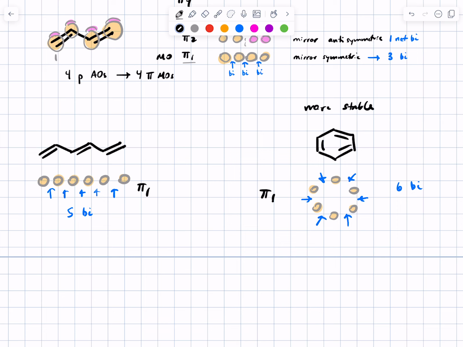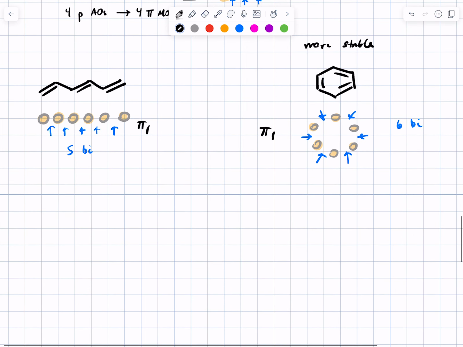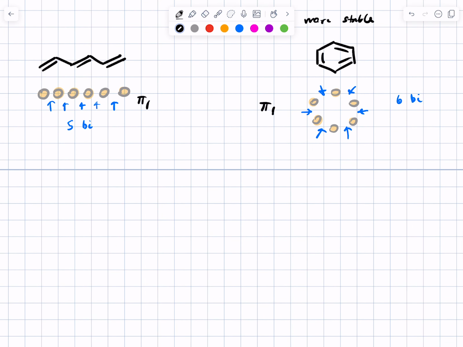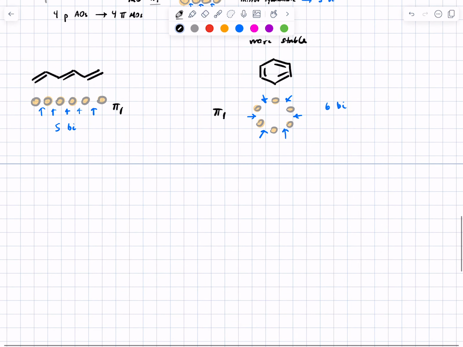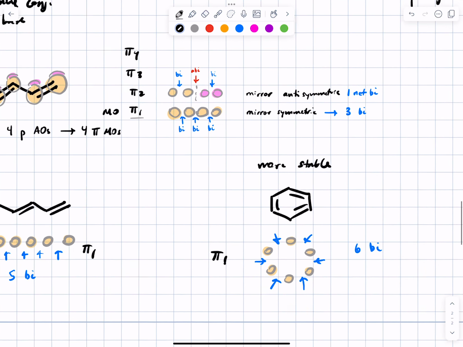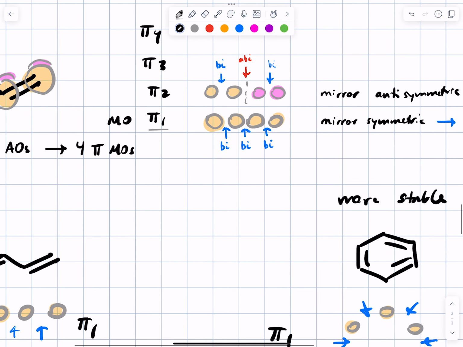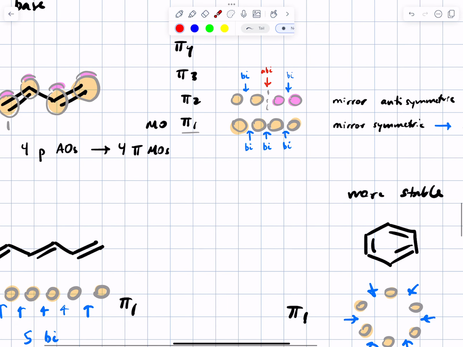A second reason starts to happen as you consider some of the higher energy orbitals. And to do this, what you've seen before in, say, butadiene is that as you go up in energy, you increase the number of nodes, right? So 0 nodes in the first orbital, 1 node in the second orbital.